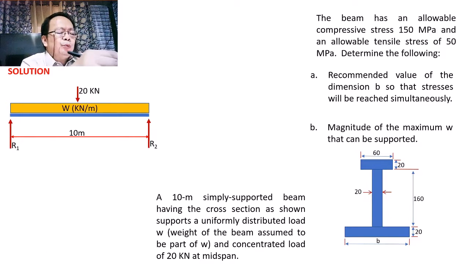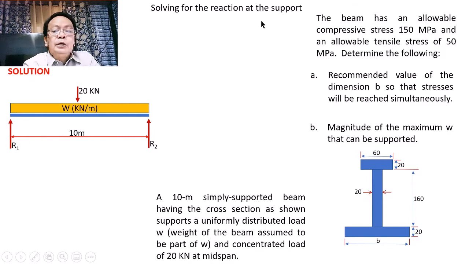The first thing that we shall be solving is the reaction at the support. Because the beam is symmetrically loaded, it carries a uniformly distributed load of W plus a 20 kilonewton load at midspan, so we expect that R1 and R2 will be equal in magnitude, carrying half of the total loads of the beam.